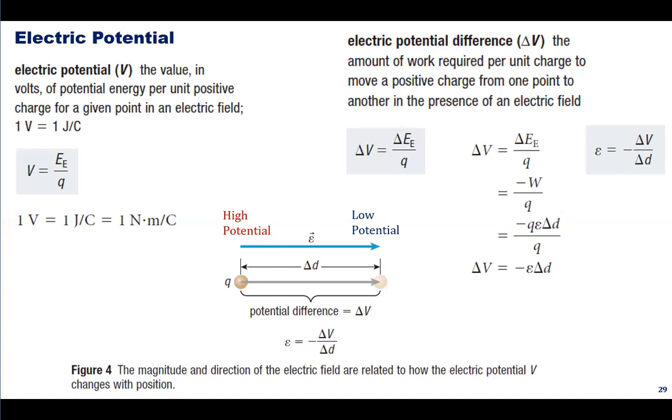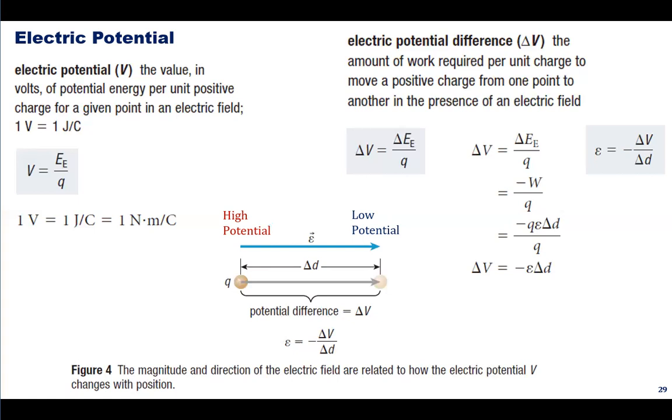Another convenient definition relating to the electric potential energy is electric potential difference, usually noted by delta V. We return to the concept of the change in potential difference and the displacement of the particle. We can define the change in the potential, or potential difference, for a charge Q that moves between the 2 points.